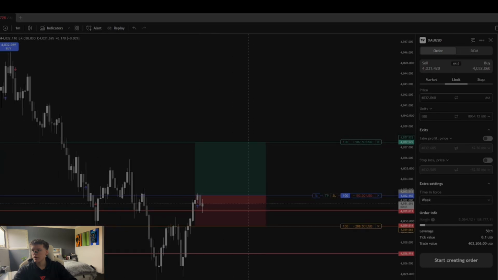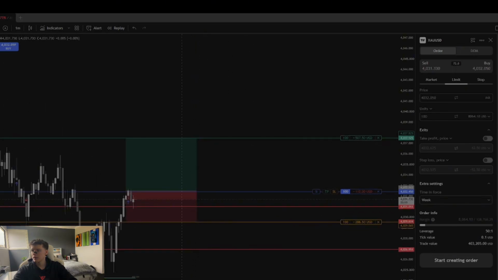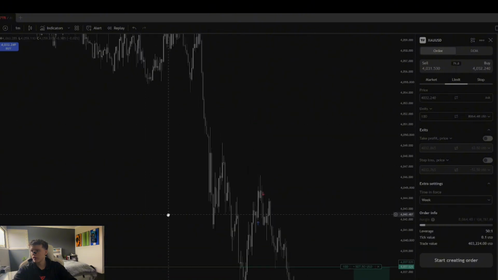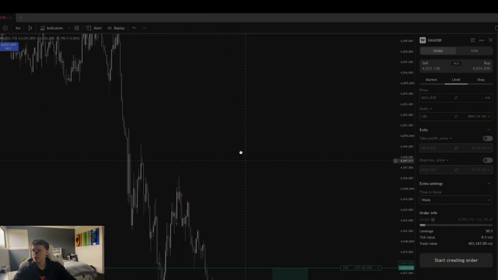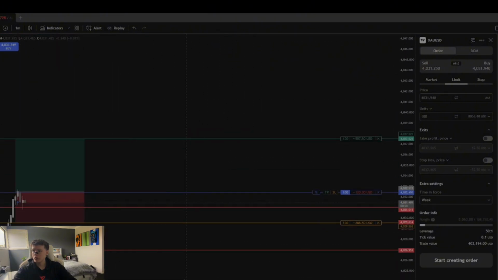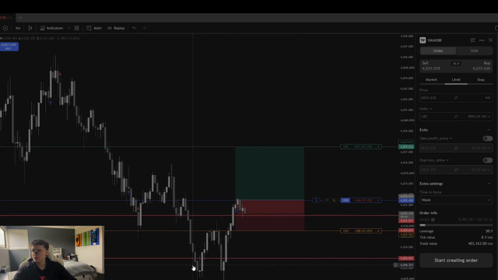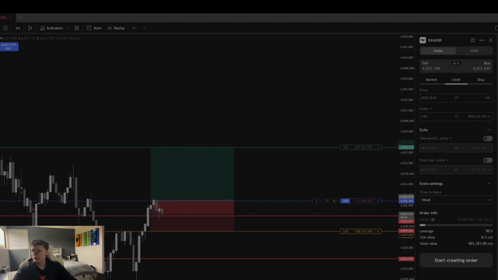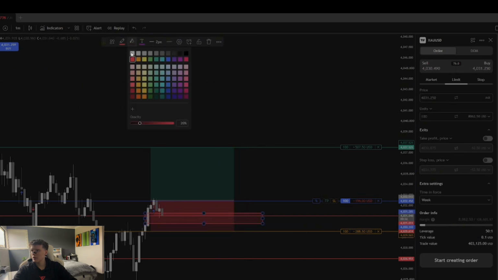Alright, so I'm currently in this trade, which I've just entered, and pretty much we've had a lot of bearish momentum, and then now we've just had a break of structure, and we've got a fair value gap here, which is currently being filled.